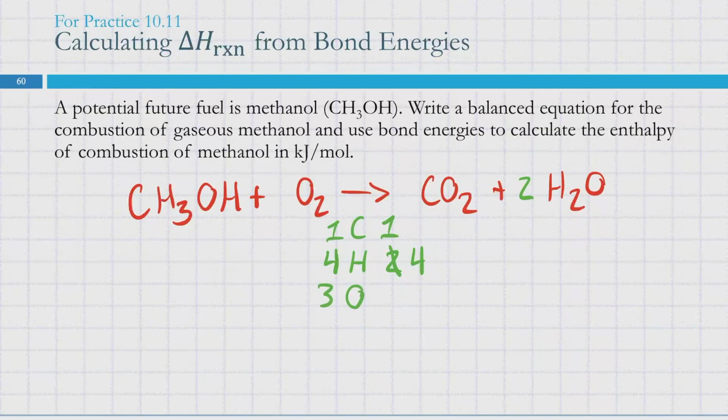At present, we have 3 oxygens on the left side. We've got 2 plus 2 times 1 for a total of 4 on the right side. So we need a coefficient in front of our O2 that gets us up to a total of 4. In this case, that's going to be 3/2.